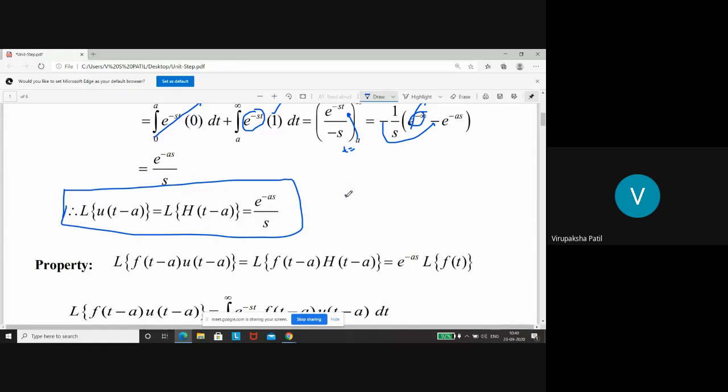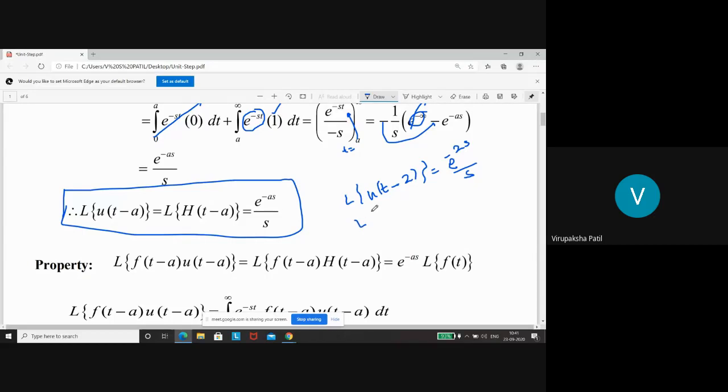For example, if they ask you to find the Laplace transform of u of t minus 2, you should remember this basic result. You can write the Laplace transform of this as e to the power minus 2s divided by s, because in place of a you have 2 here.